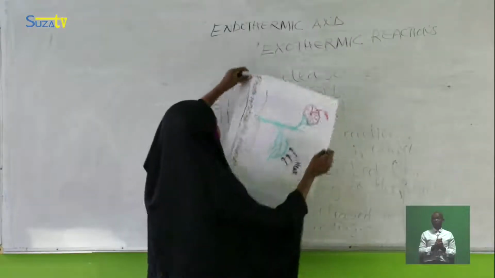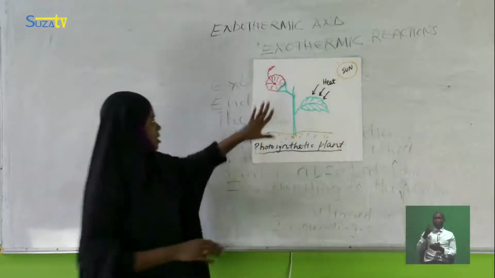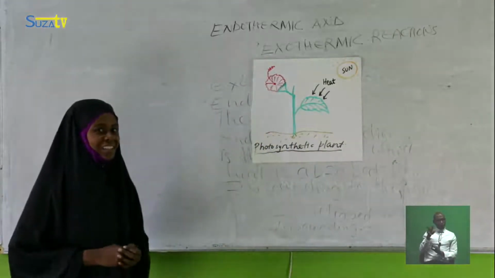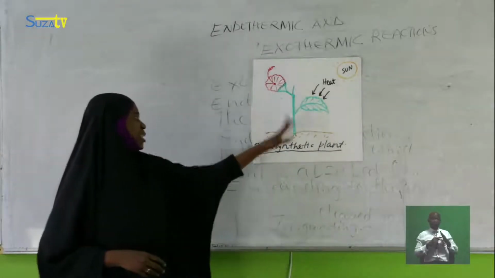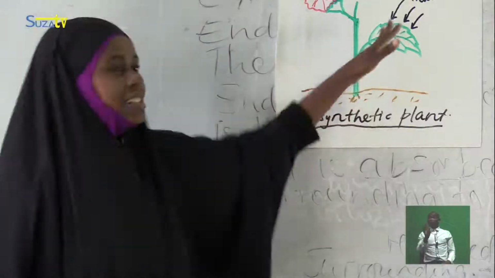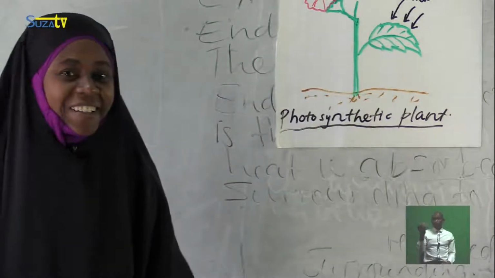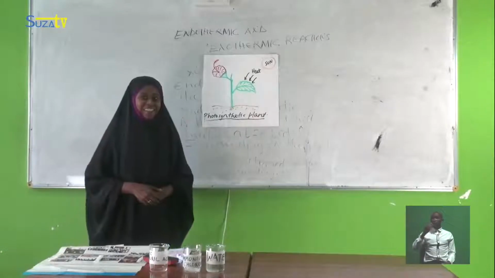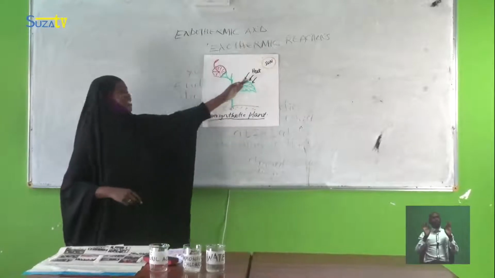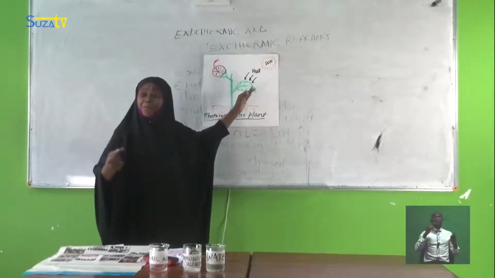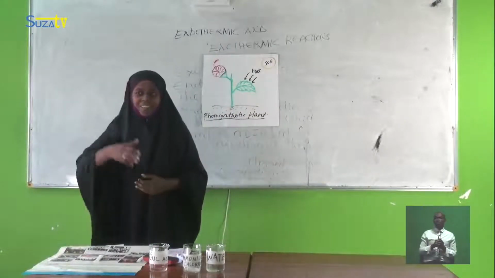Now, look at this picture carefully. This shows photosynthesis in a plant. Who can tell me what type of reaction this is? Very good, this is an example of an endothermic reaction. Why?